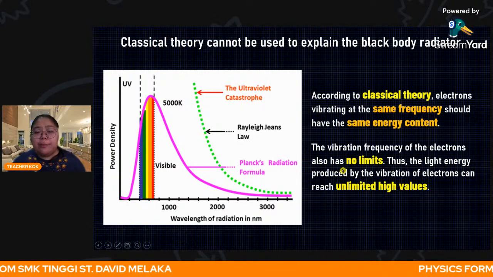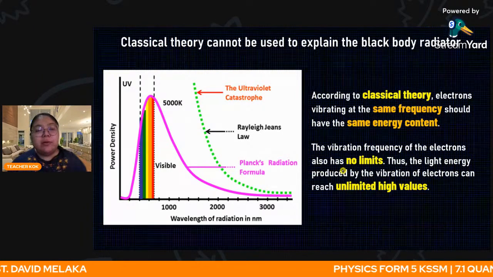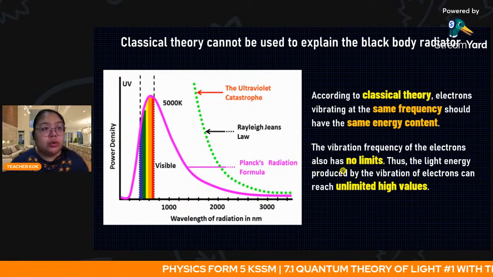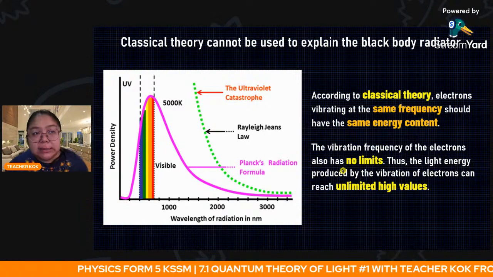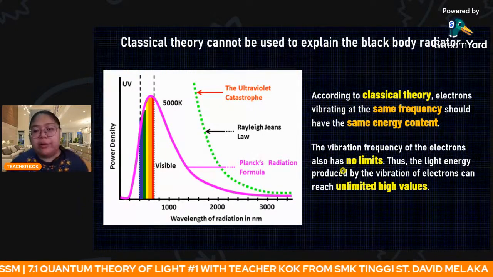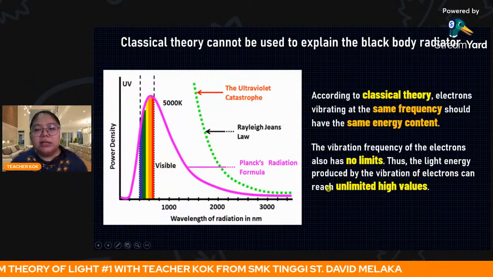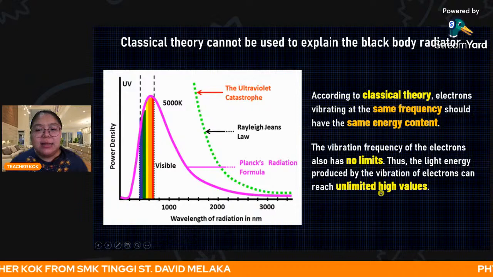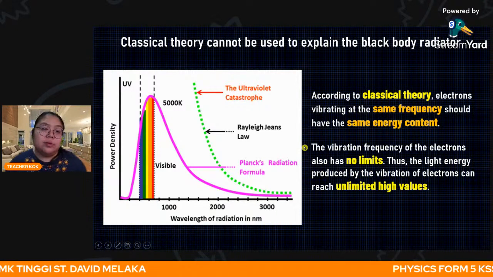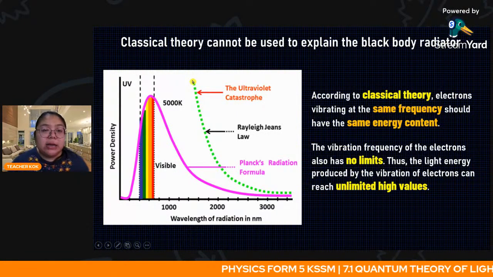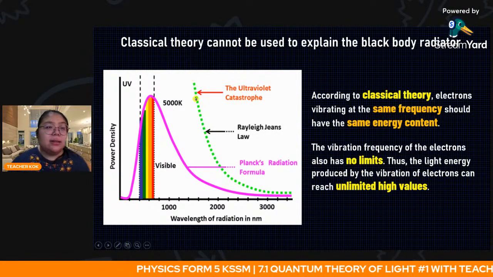If your temperature keeps increasing, the frequency also keeps increasing. There is no limit. It will continue to increase for the light intensity. Yes or no? This is what we learned. That's the classical theory. Thus, the light energy produced by the vibration of the electrons can reach an unlimited high value. So that means you see the green graph keeps increasing until the end.